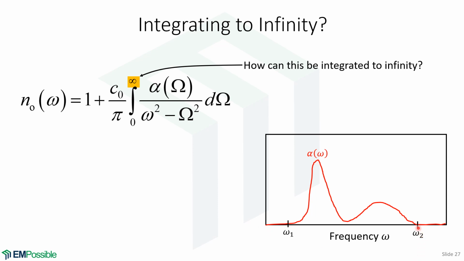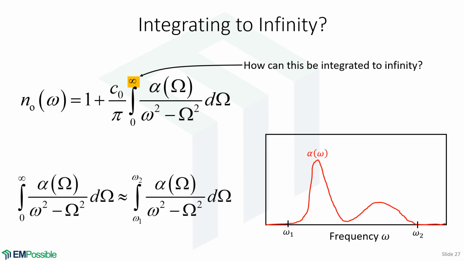And above this upper frequency, it's 0. So anything we integrate above that upper frequency or below the lower frequency is just 0 anyway, and so we can skip it in our integral. So in fact, our integral from 0 to infinity really just ends up being an integral from omega 1 to omega 2, which is usually the spectrum over which we're making this measurement of absorption.